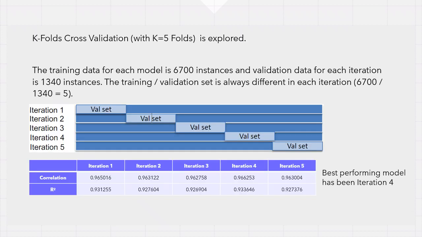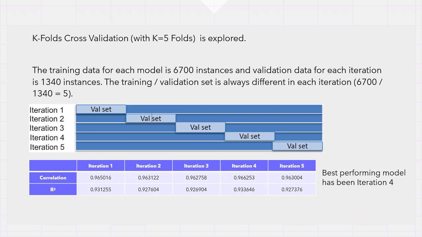A manual split of the data has taken place in order to use k-fold cross-validation, and because the data is nicely split between validation and total training data, we're going to be using 5 folds, as per the visual example here on the screen.